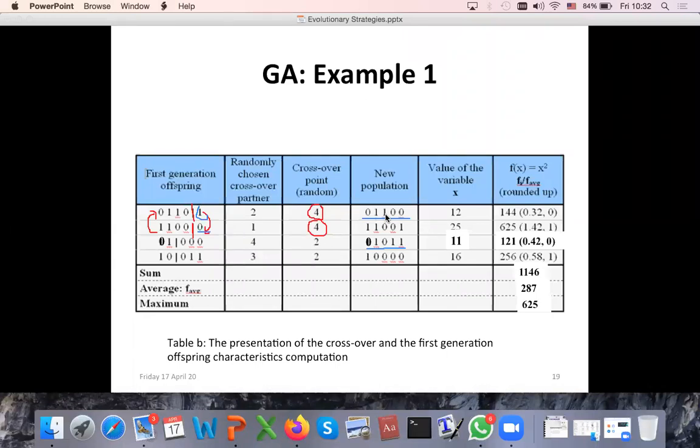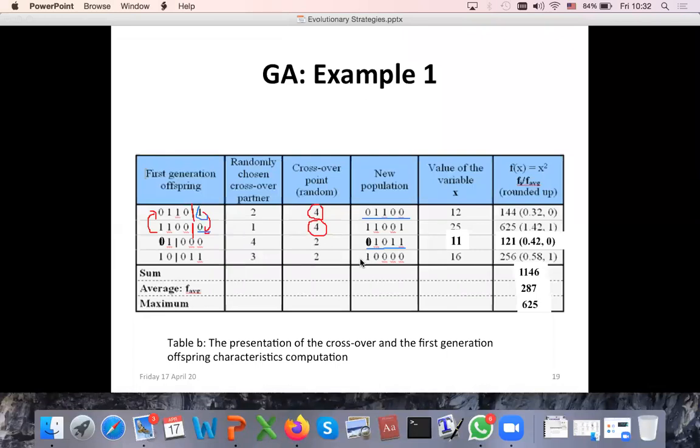You will get 28, and then the last 3 bits. It means that for 31, all bits would be 1, if I want to get 31 here in the new population.